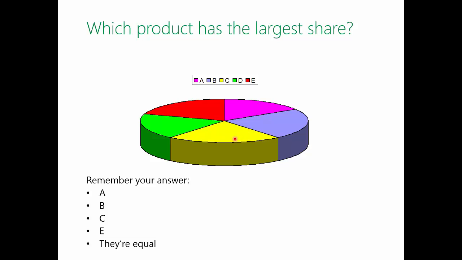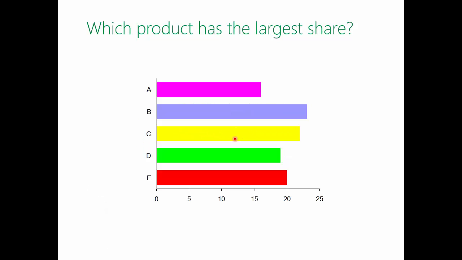For example, the yellow color is brighter than blue color, and this is why the yellow share, the product C, looks visually, optically bigger than B. So actually the color can affect how we perceive a visualization. So this is not a good way to present the numbers with 3D effects, with bright colors, and with pie charts.